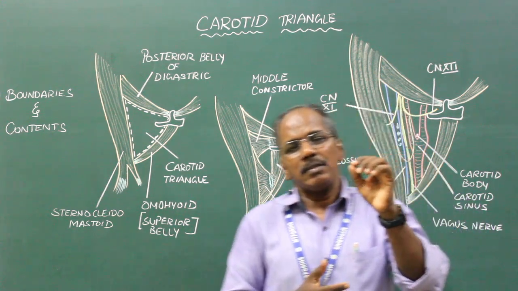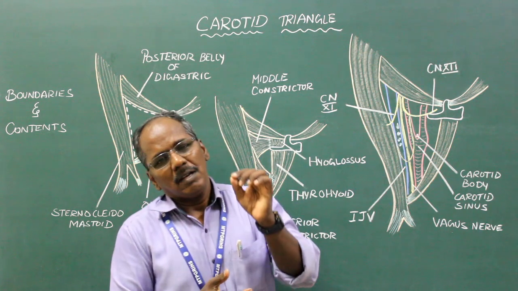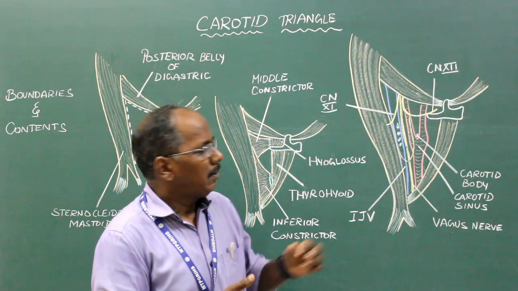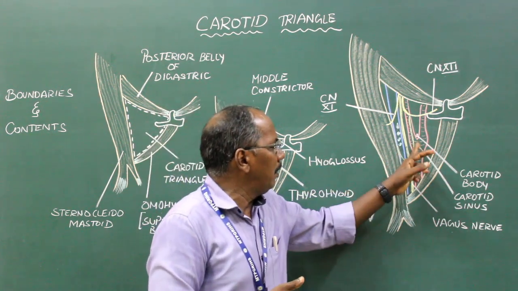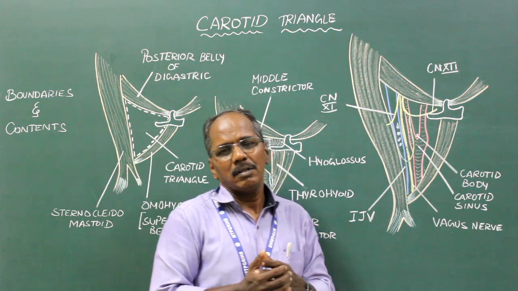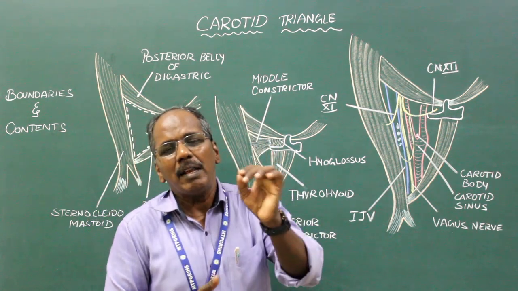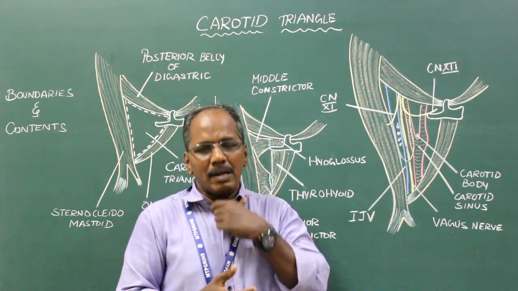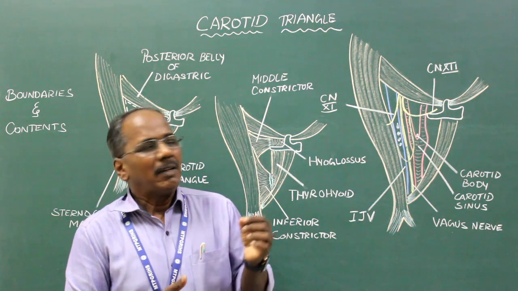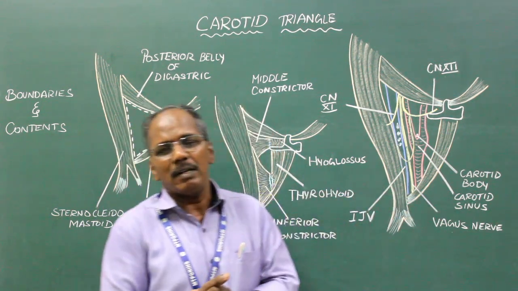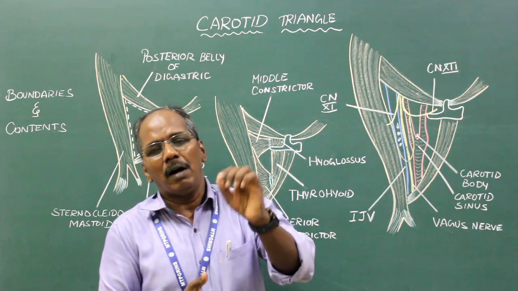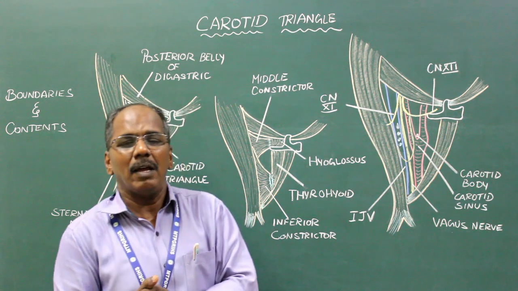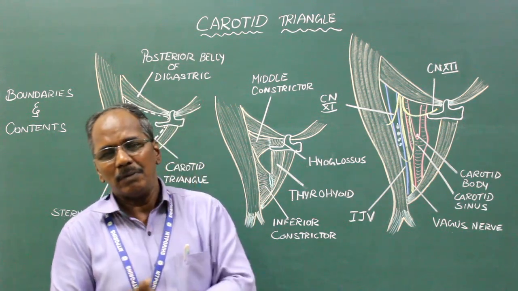In individuals with hypersensitive carotid sinuses, pressure on the carotid sinus due to wearing of a shirt with tight collar or tie can compress the carotid sinus and it may cause slowing of heart rate. This condition is known as carotid sinus syndrome.